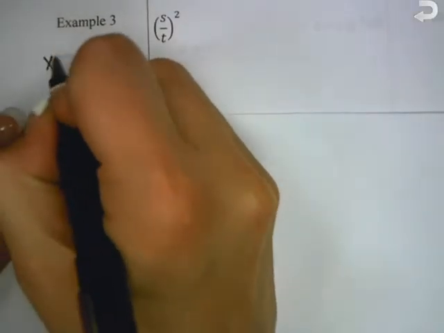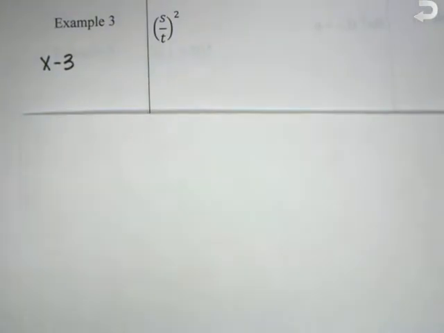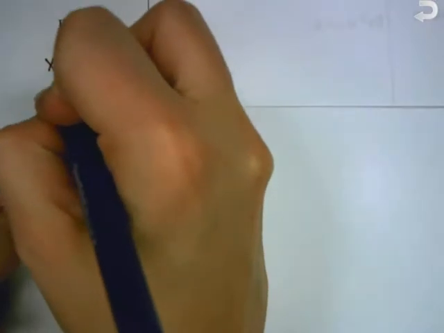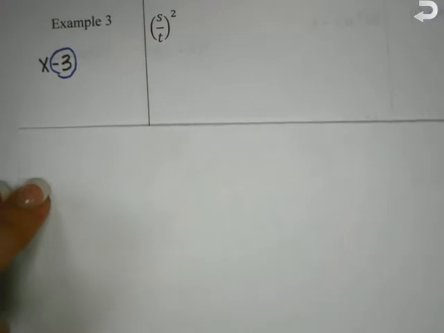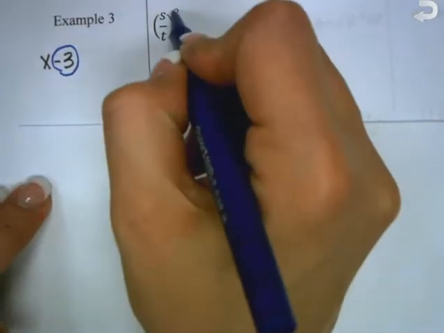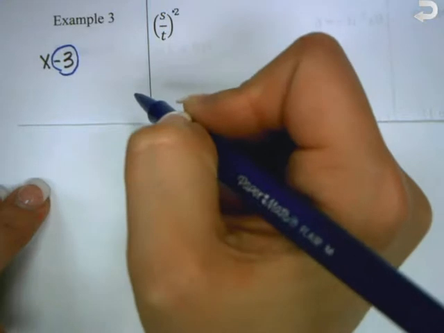It's the same thing with exponents. The exponent is super glued to whatever is directly in front of it. So what is that squared super glued to? What's directly in front of it? The parentheses. So what's actually being squared here? Everything inside the parentheses, right?